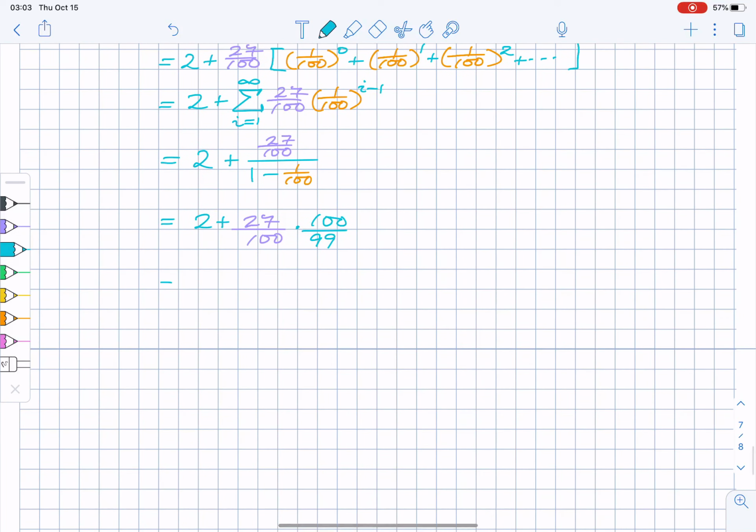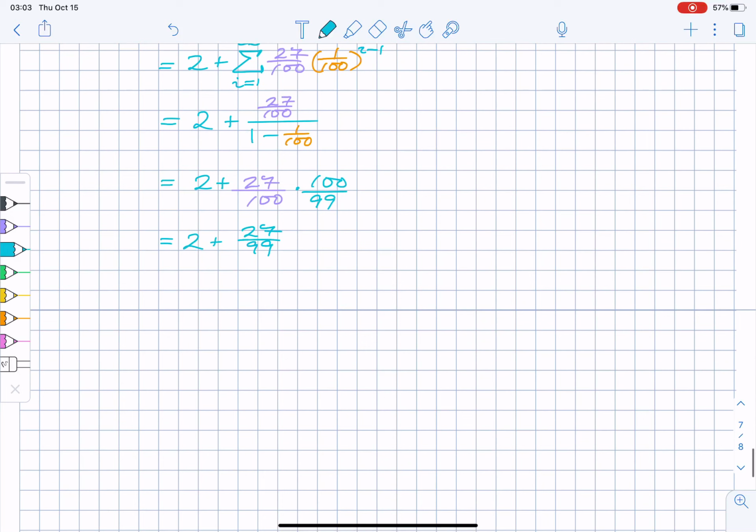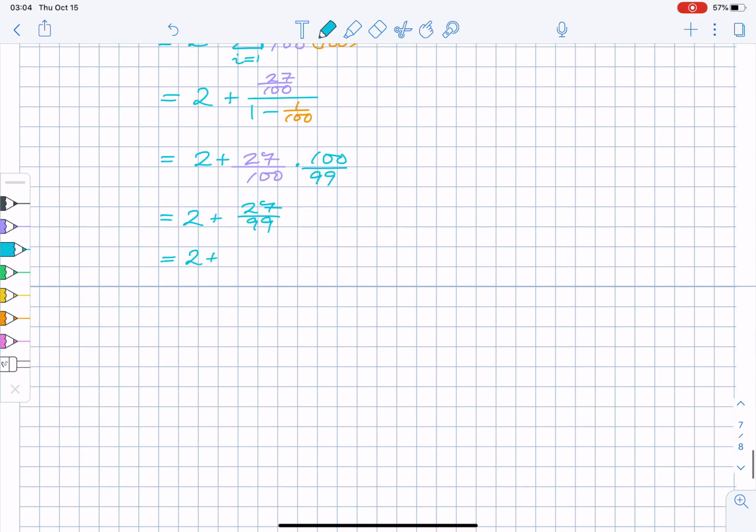So I claim that this is 2 plus 27 99ths, each of which is divisible by 3. Actually they're both divisible by 9, so this is 3 over 11ths. Okay, so 22 plus 3 is 25 11ths.